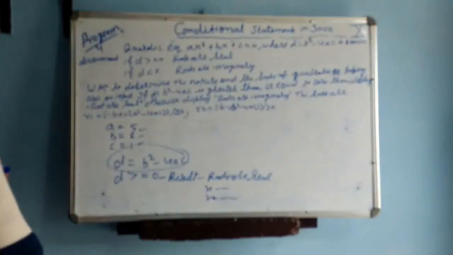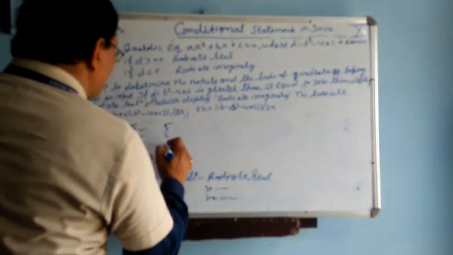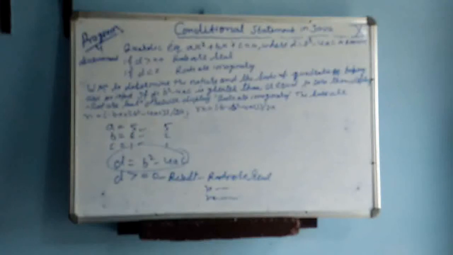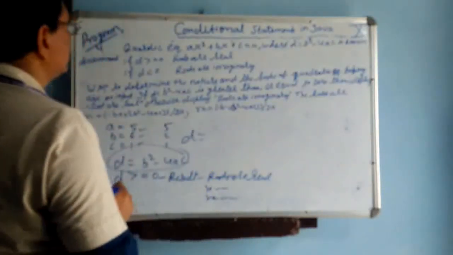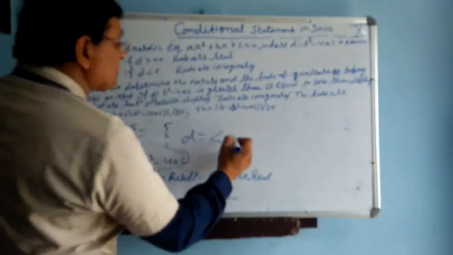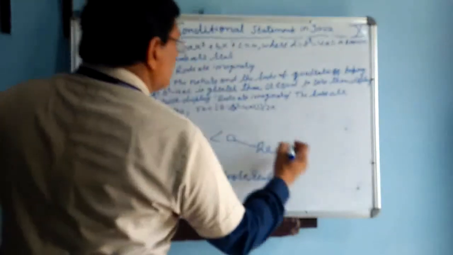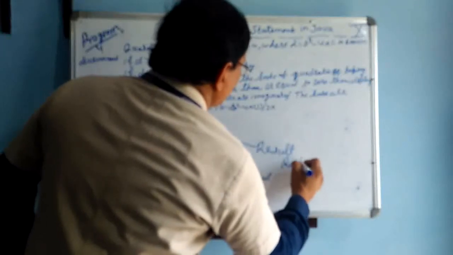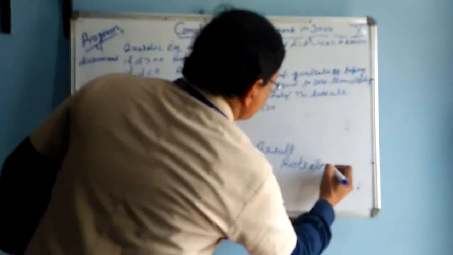For example, suppose d is less than 0, then it will display the result: roots are imaginary.